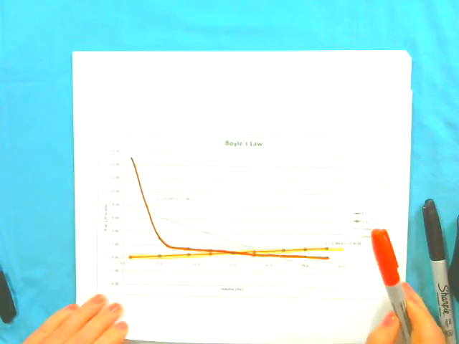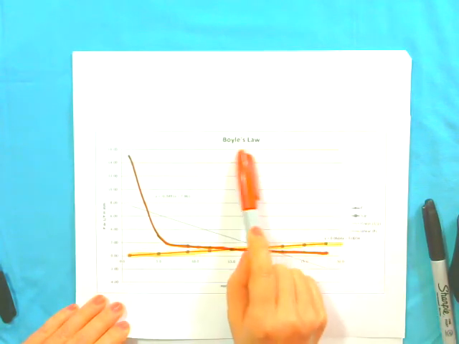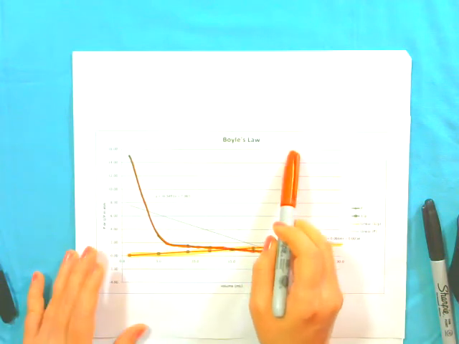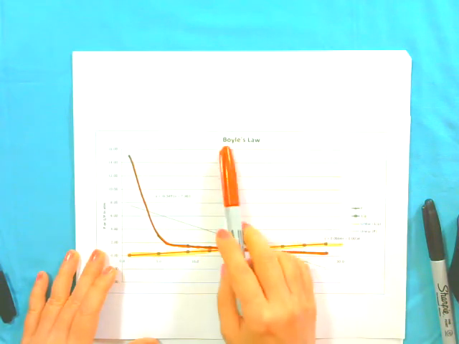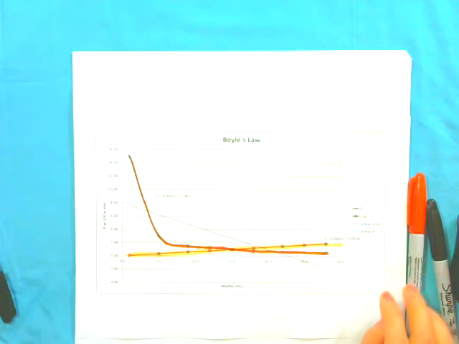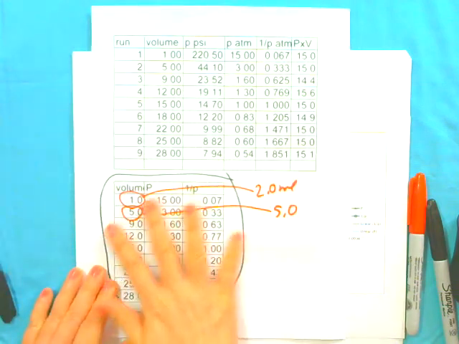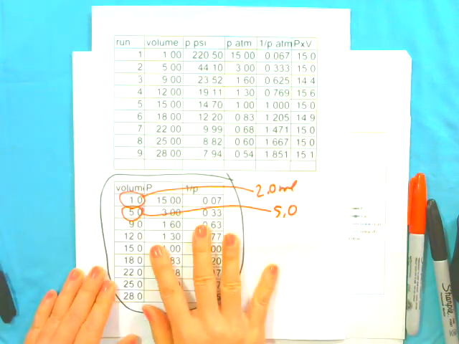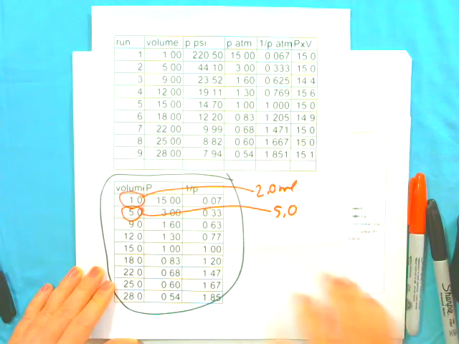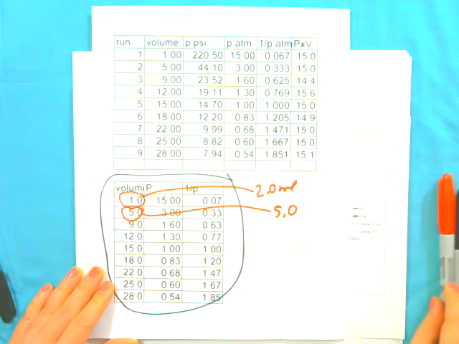Now what you probably would want to do is put in your own title here. You might want to put Juliet's Boyle's Law Plot or something like that, so that I can tell that it's you that actually did the modification to the Excel spreadsheet. And why exactly am I allowing you to get away with just using my plot and inserting your own data? Well, how would you figure out how to use an Excel spreadsheet if you've never done it before?